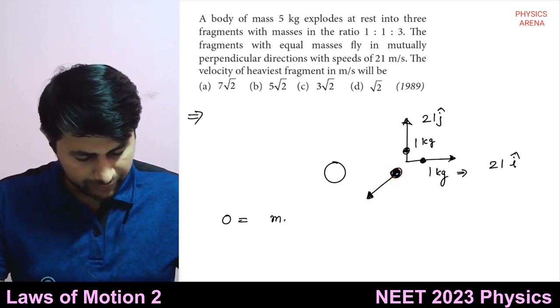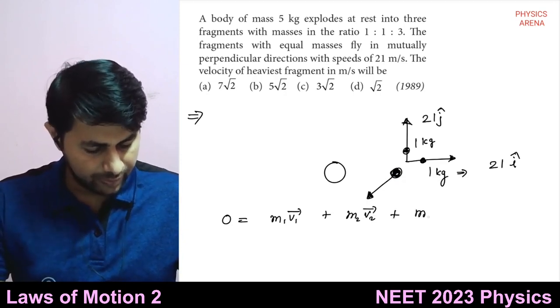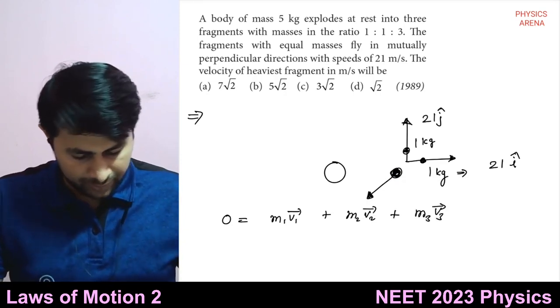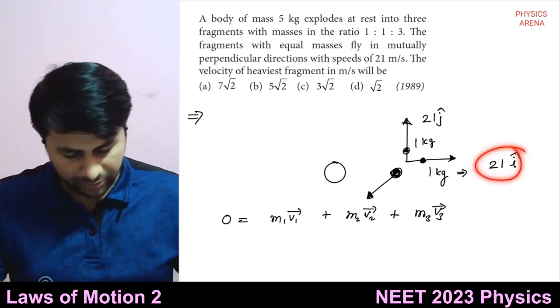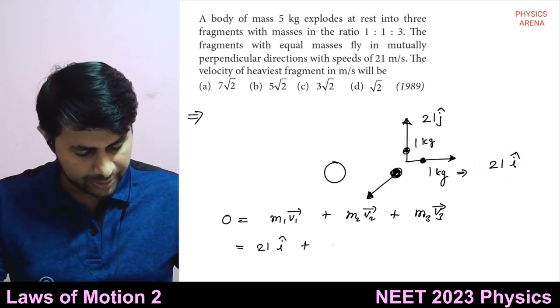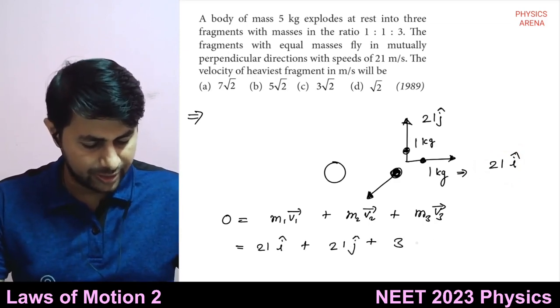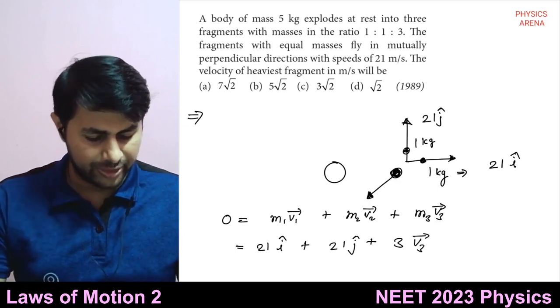I can say m1 v1 bar plus m2 v2 bar plus m3 v3 bar. m1 v1 is 21 I cap, so this is 21 I cap plus this is 21 j cap plus m3 is 3 multiplied by v3.